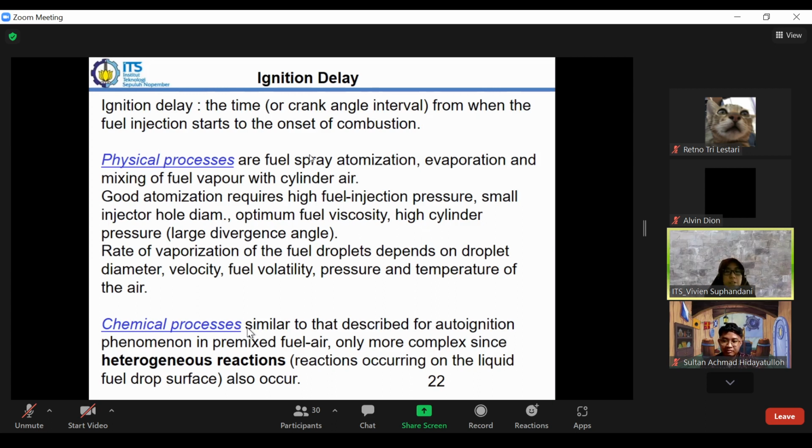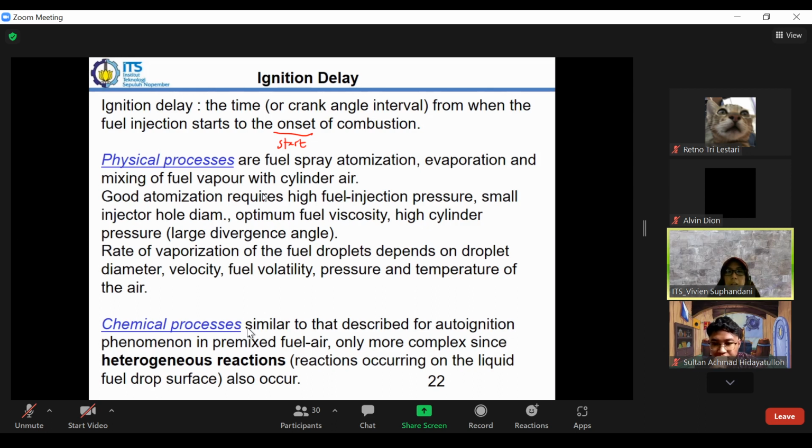Onset means the start of combustion. Why is there a delay? Because some physical processes must be performed before it can burn, such as atomization, evaporation, and mixing of fuel vapor with the air.